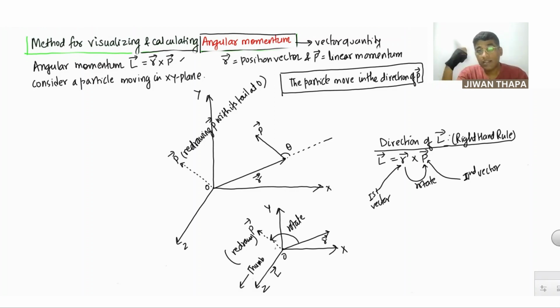So we find angular momentum is pointing along z-axis. This is to be noted. So we can write angular momentum, and this way also.